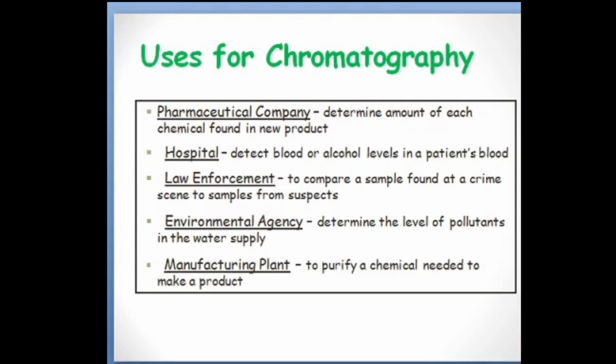Then in forensics or law enforcement to compare a sample found at the crime scene to samples from the suspects. Then in environmental agencies to determine the level of pollutants in the water supply, and also in manufacturing plants to purify a chemical needed to make a product.